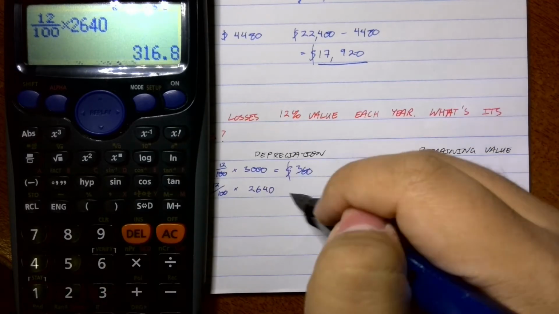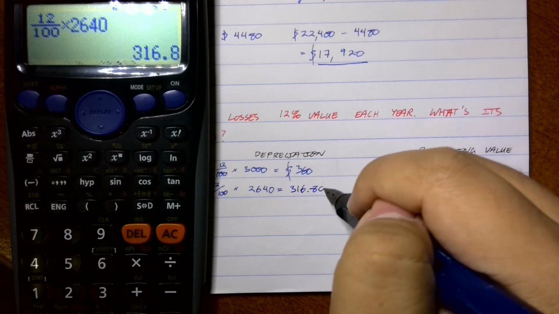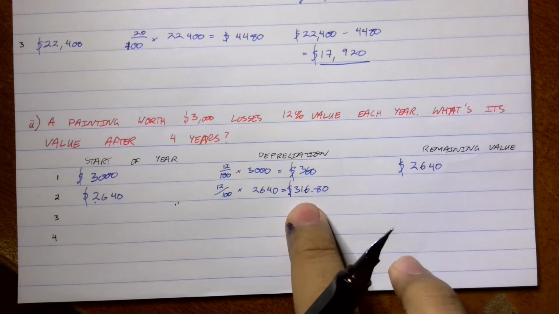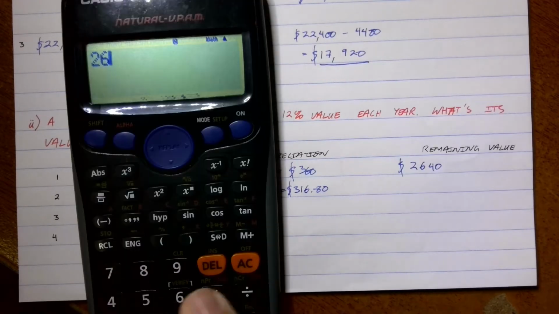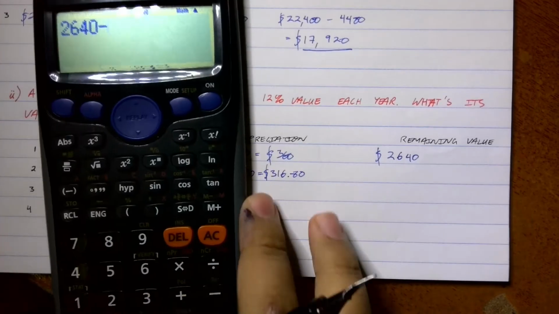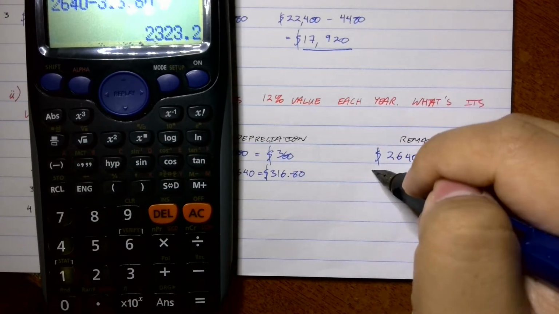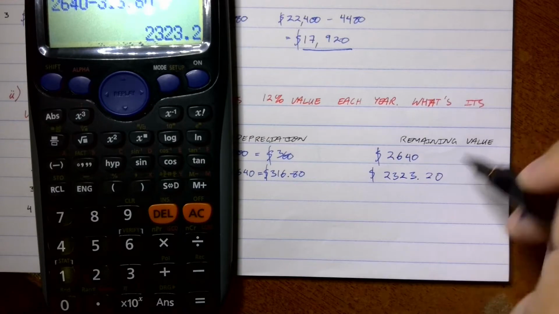That will give us $316.80. So we need to subtract this amount from here. 2,640 subtracted by 316.80. So its remaining value is 2,323.20.